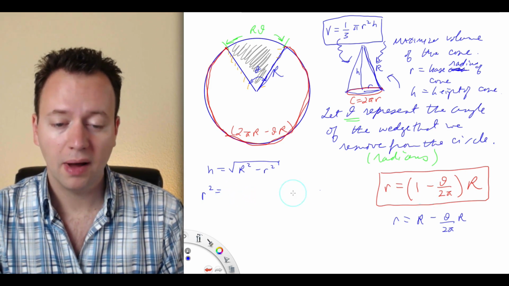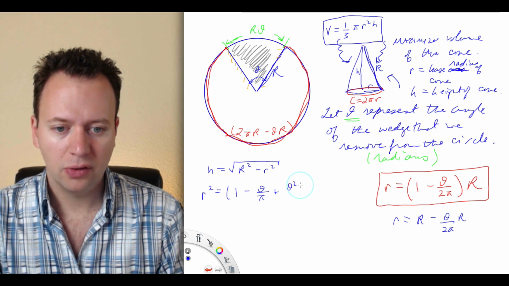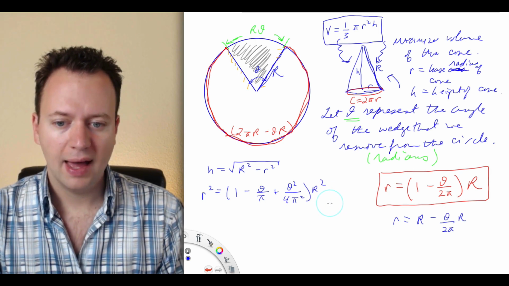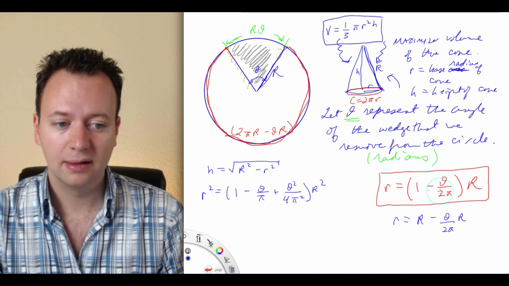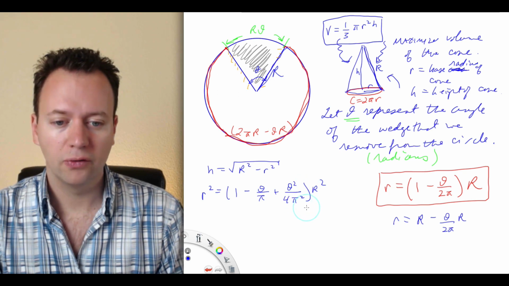If we square 1 minus theta over 2 pi, we get 1 minus theta over pi plus theta squared over 4 pi squared, all times capital R squared. So that is r squared as a function of theta. Just expanding this by squaring it, we get 1 squared, minus twice the product of this and this, which is just minus theta over pi, and then plus this term squared, so plus theta squared over 4 pi squared.